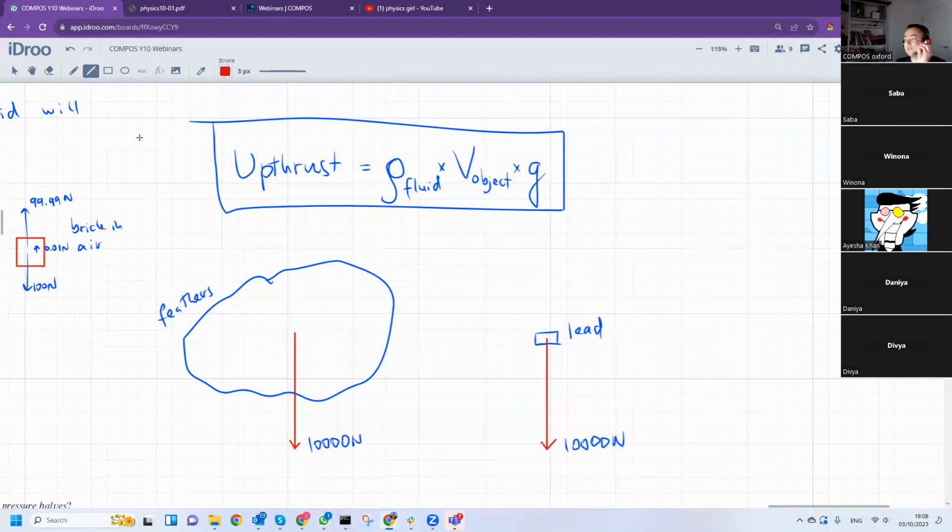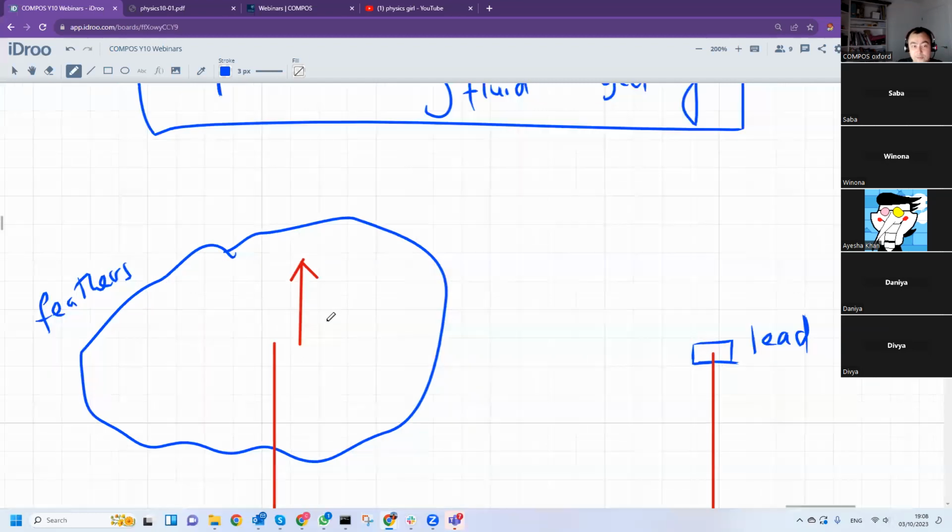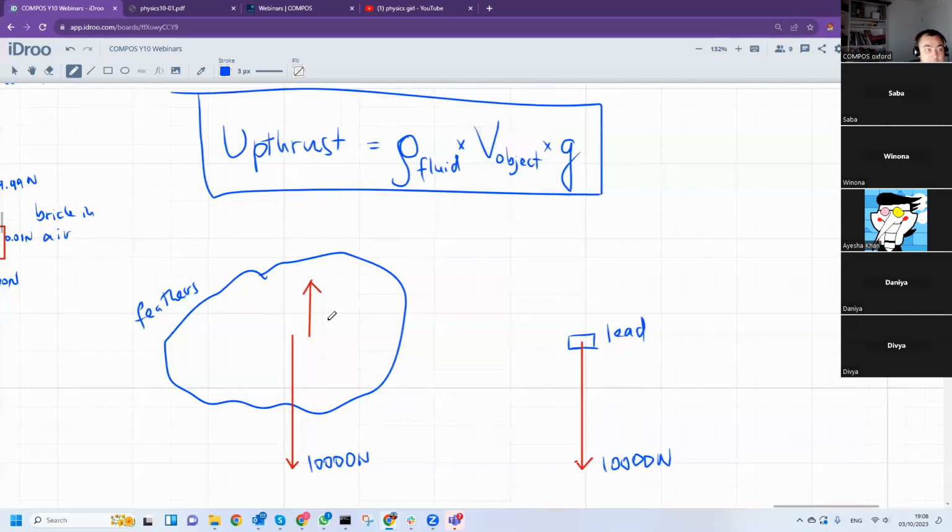But the upthrust force on the feathers is the density of the fluid, so the density of air, multiplied by the volume of the object, times g. Well, we don't know the volume of the feathers, but this is the upthrust 1, and this is the upthrust 2.